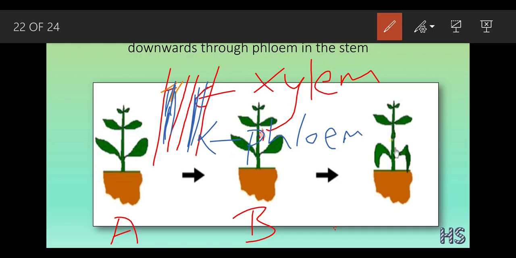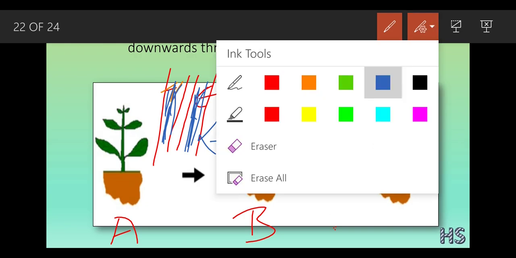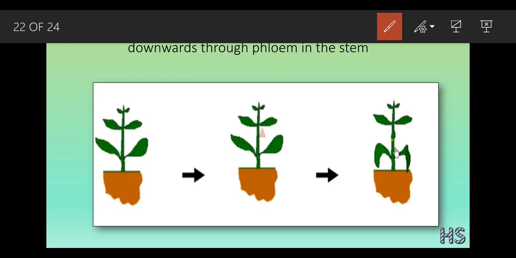Central xylem and the adjacent parts are called phloem. Okay, understood? See, in condition B I am going to remove the phloem.